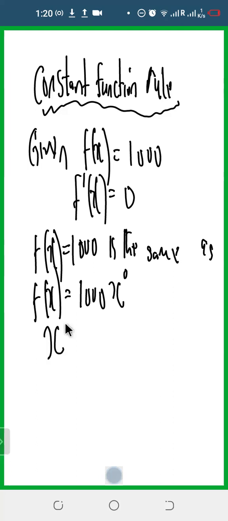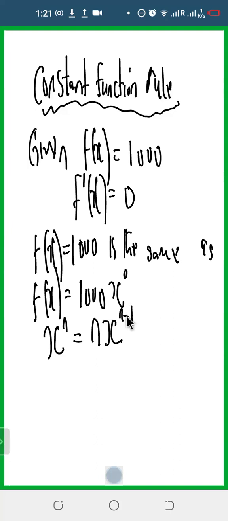if you are to differentiate, the rule states that you multiply the variable by the power. So the power is n, we multiply n by x, and then we subtract 1 from the power.